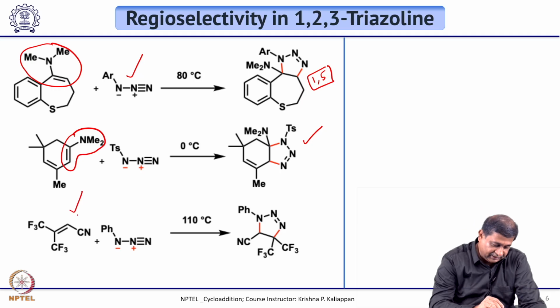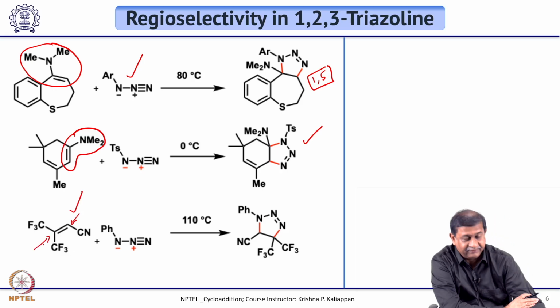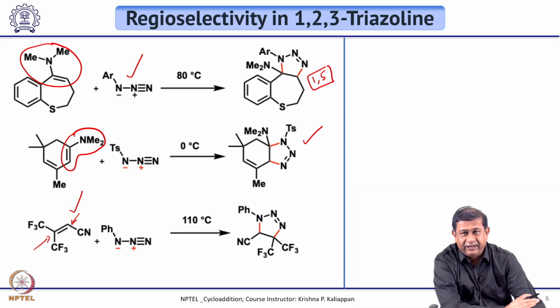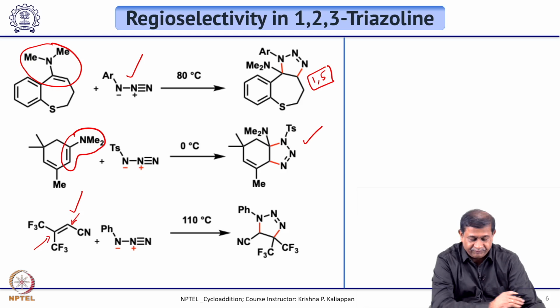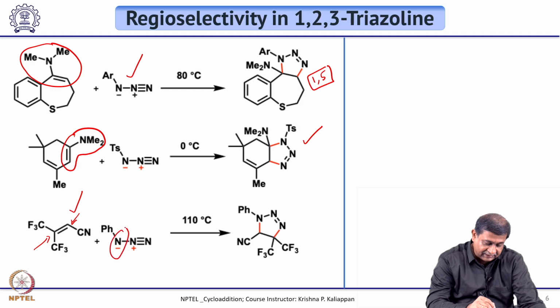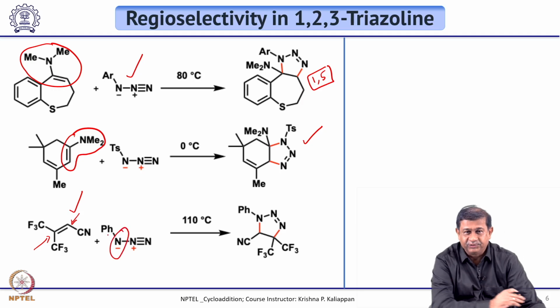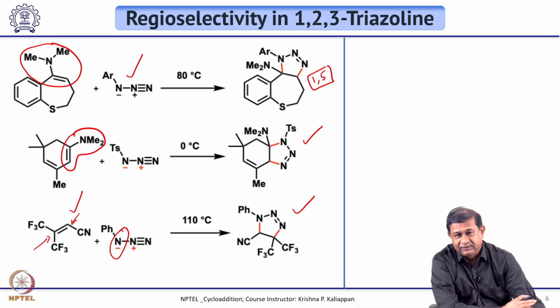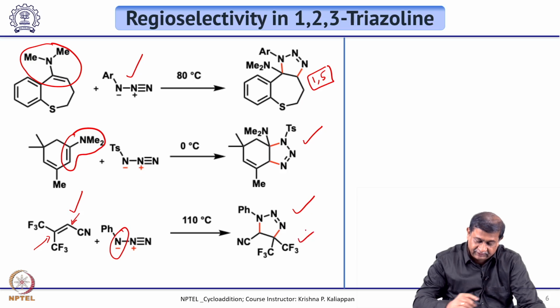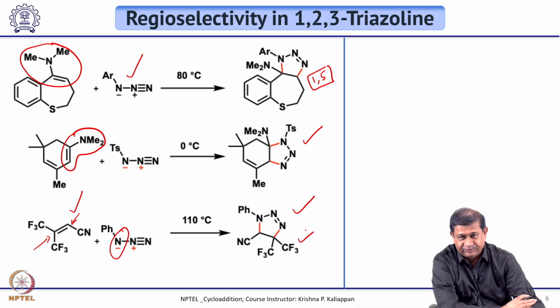That means at this carbon you have a cyanide, and at the other carbon you have a trifluoromethyl, and here the trifluoromethyl actually determines the regiochemical outcome in addition to the nitrogen attached to the phenyl group. So that is why this is the major product, which with respect to cyanide is 1,5, but with respect to the trifluoromethyl it is 1,4.